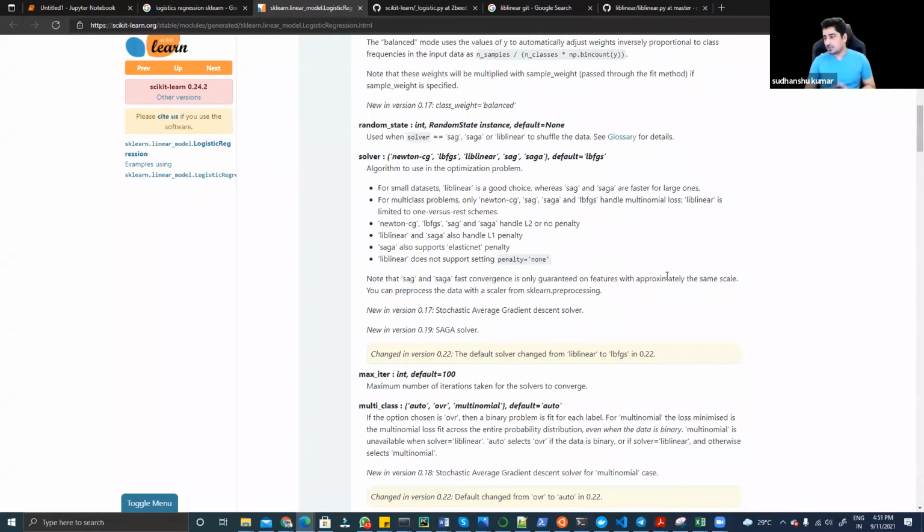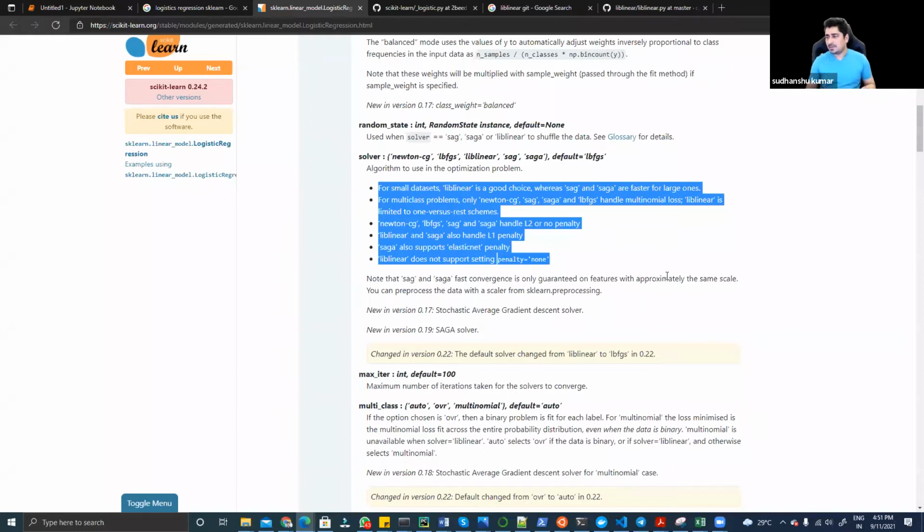Now, best model selection through a grid search: we don't do best model selection through a grid search. We actually do best parameter tuning or parameter search with the help of grid search. If you have to select the best model, in that case AUC is the better metric.